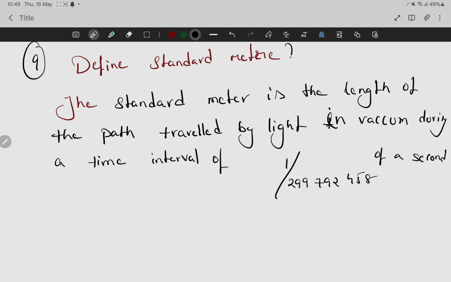So this is the standard meter: the path traveled by light in a time interval of this much, we call it a meter.